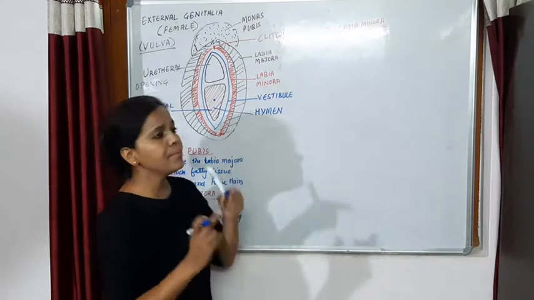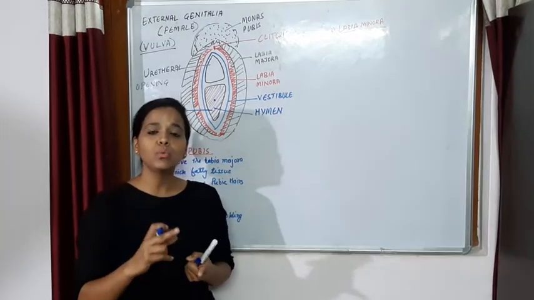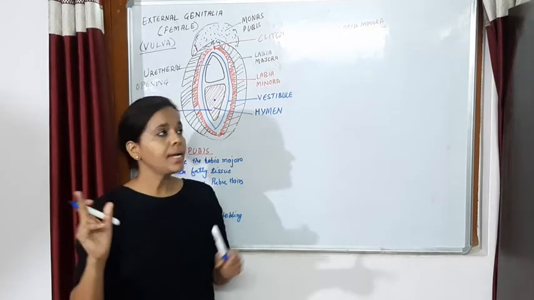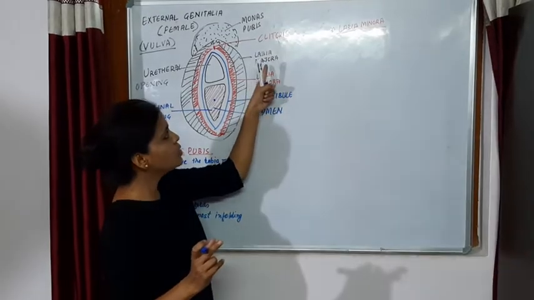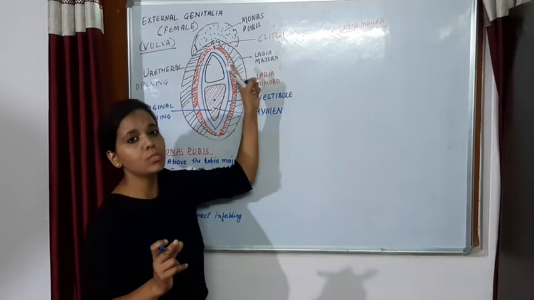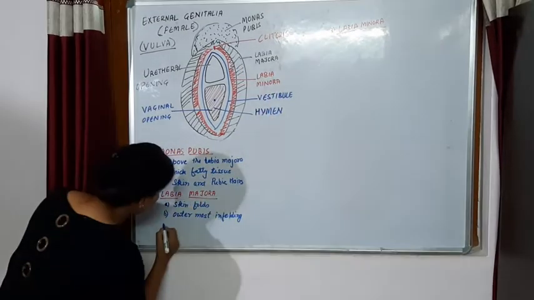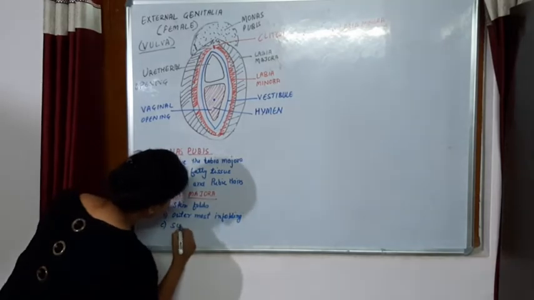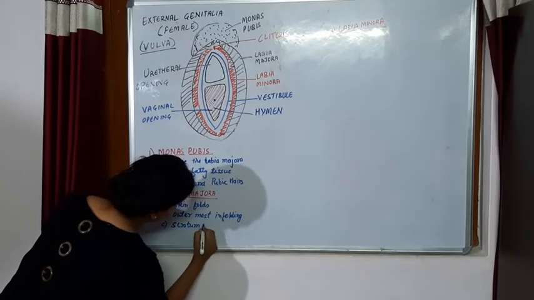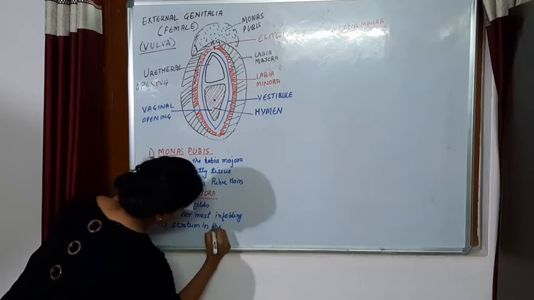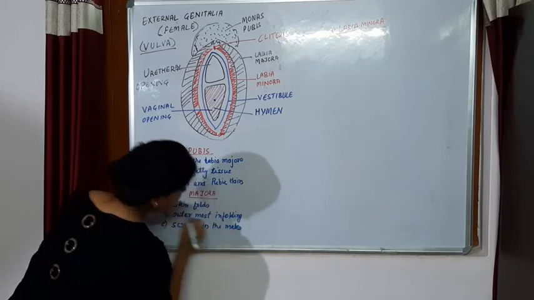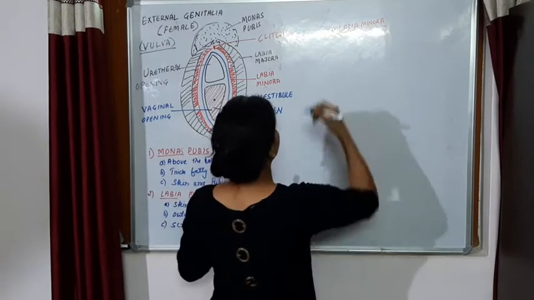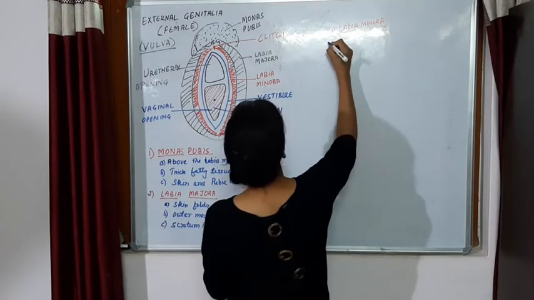So this labia majora is homologous to the scrotum in females. The cells, everything, show similarity to the scrotum. So we can say the labia majora corresponds to the scrotum in males, right?